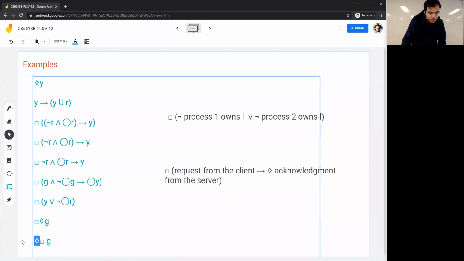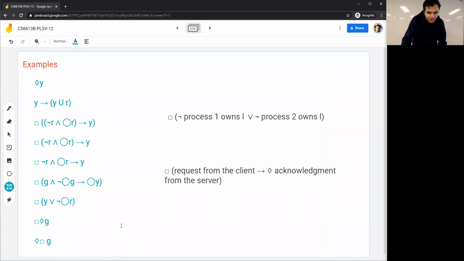So if I have eventually y, what does this mean? This means that there is some point in time such that if I ignore everything that happened before this time and only look at the future from this point onwards, it satisfies the formula y, right?